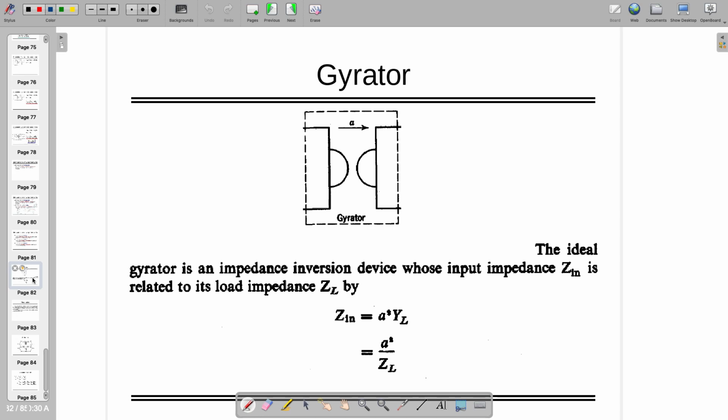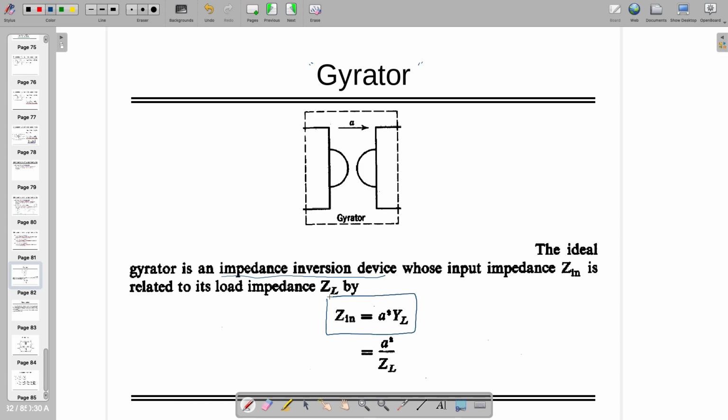There is one definition which I haven't taught till now: the gyrator. It's not exactly an existing element, but it is defined as an impedance inversion device whose input impedance is related to its load impedance by this equation.